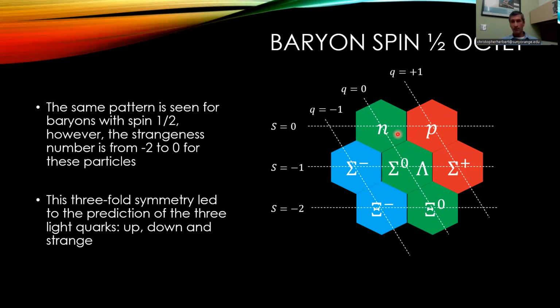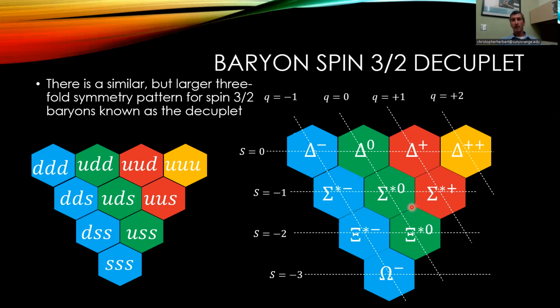Of course, we know the neutron and proton as being the most famous of the spin 1/2 baryons. But again, we were generating these more exotic particles, these sigma particles, these lambda particles, which would have different strangenesses, from 0 to -2. And finally, for the spin 3/2, it became even more extreme, with charges from -1 elementary charge up to +2, and strangeness numbers going all the way to -3.